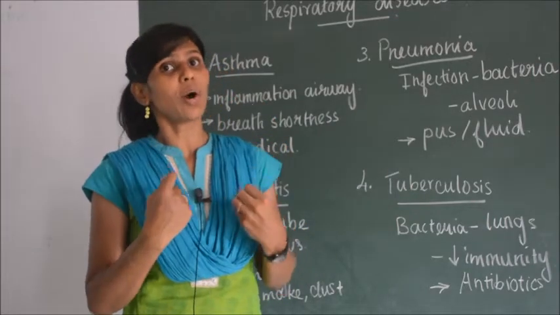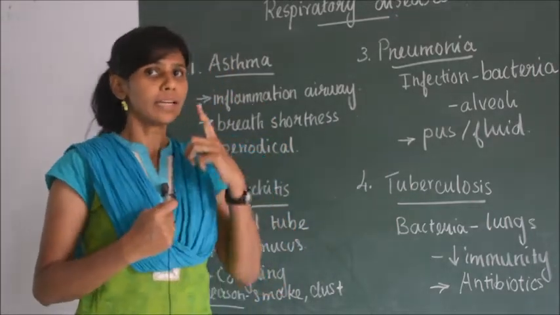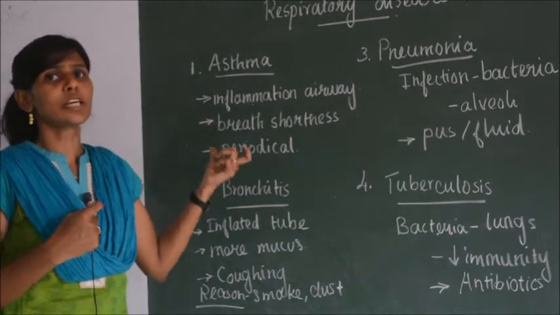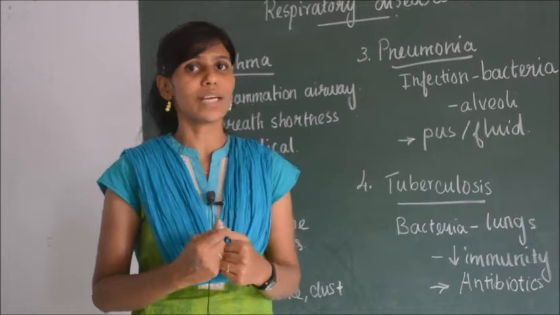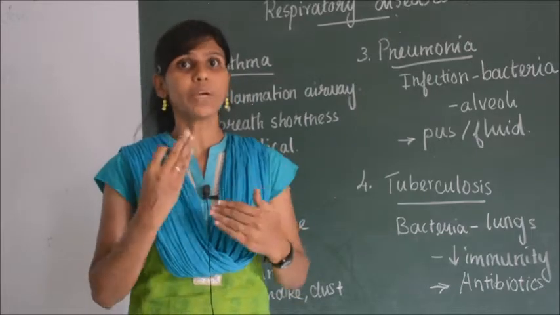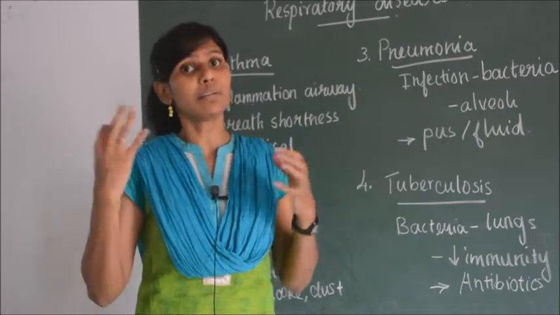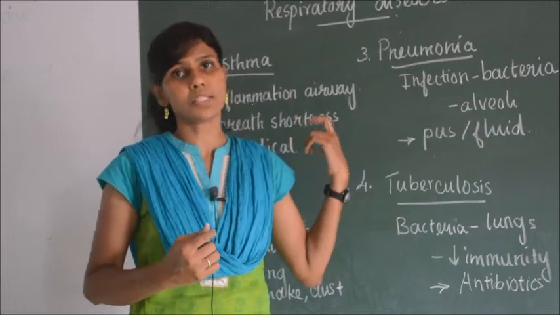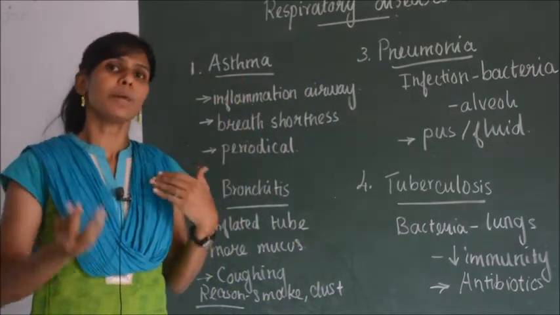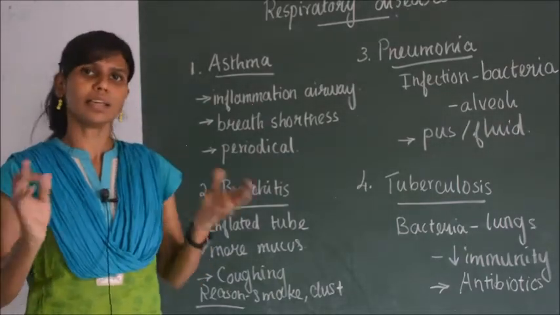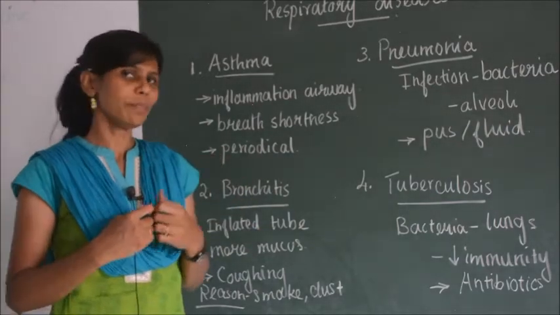That is the symptom, and it is periodical. It is not like you get it just for 2-3 days. It is periodically, frequently and repeatedly that you may get this disease. A person having asthma may get it again and again.